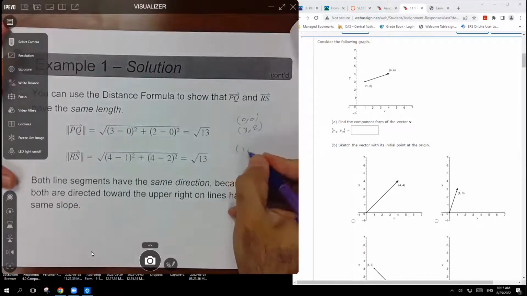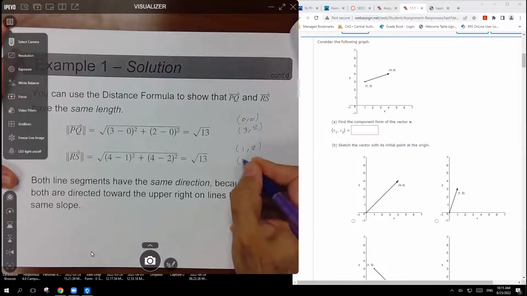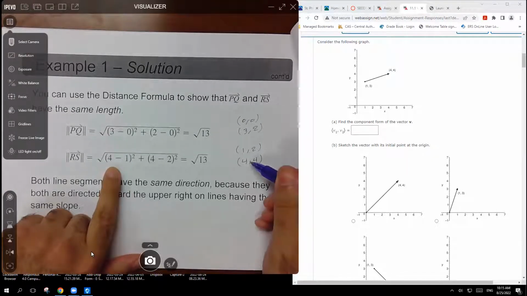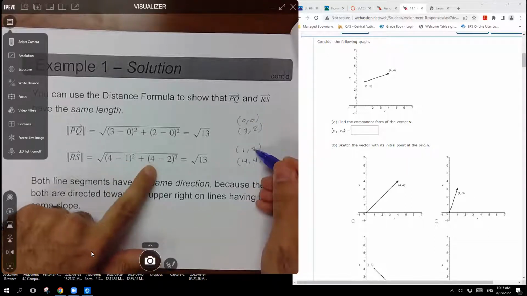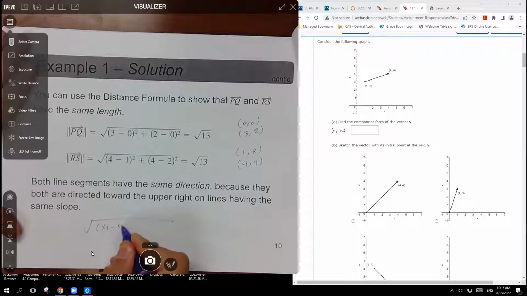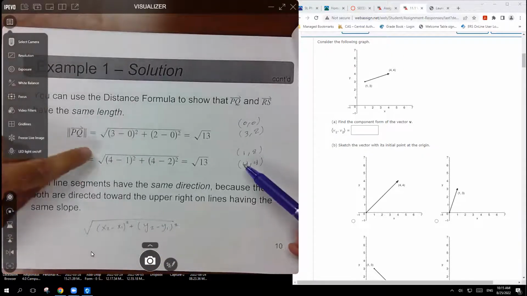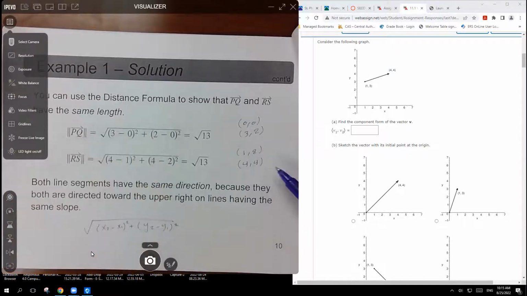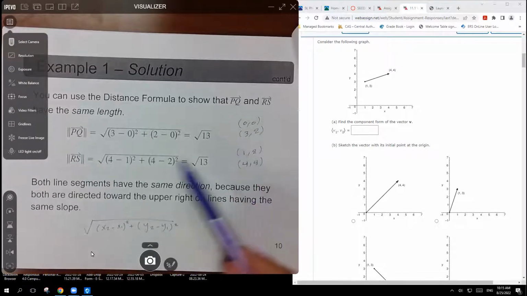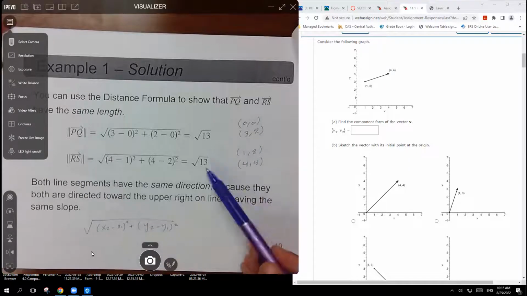The distance formula, if you remember, is the square root of x2 minus x1 squared plus y2 minus y1 squared. So the same thing is going to be 4 minus 1 squared plus 4 minus 2 squared, and it's going to be the square root of 13. That means both these line segments have the same distance.